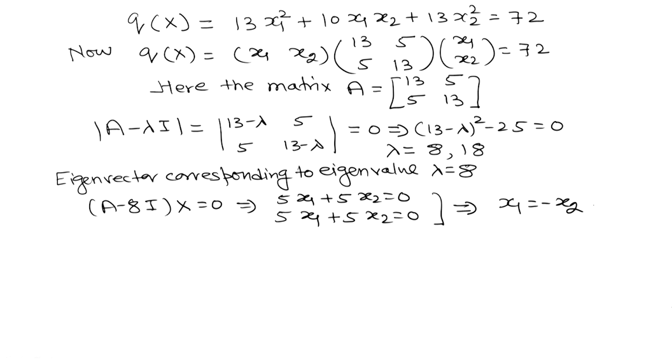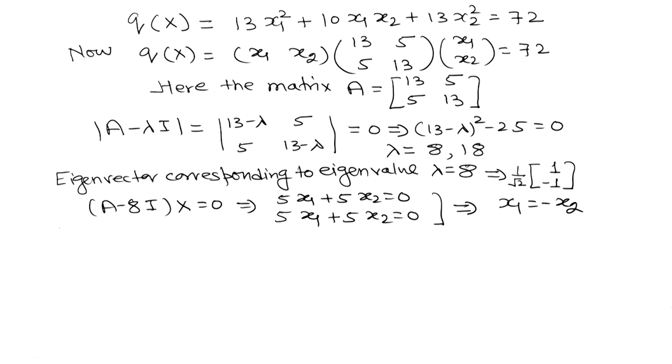So, the eigenvector corresponding to lambda equals 8 can be written as, if I take x1 as 1, x2 will become minus 1, and as a unit vector it will become 1 by root 2 times (1, minus 1).